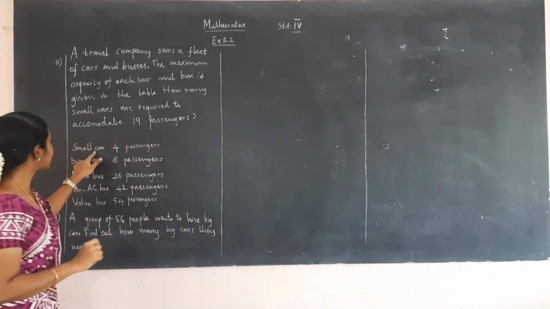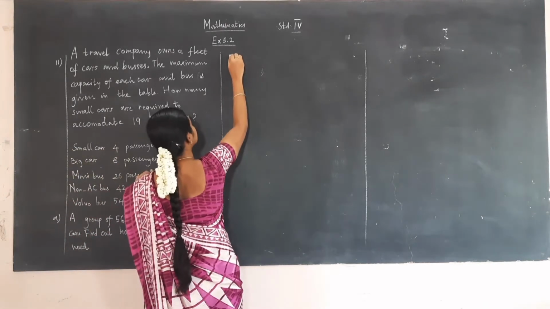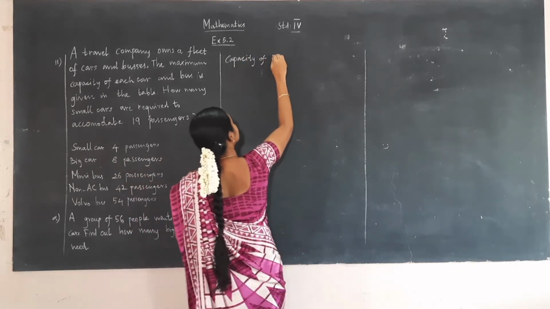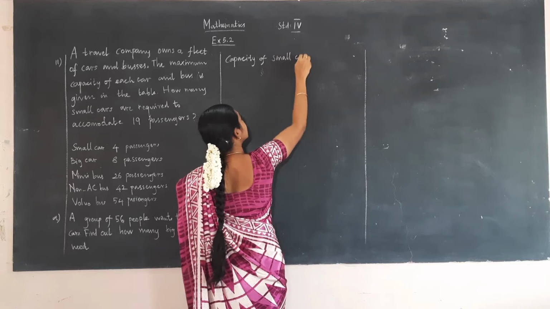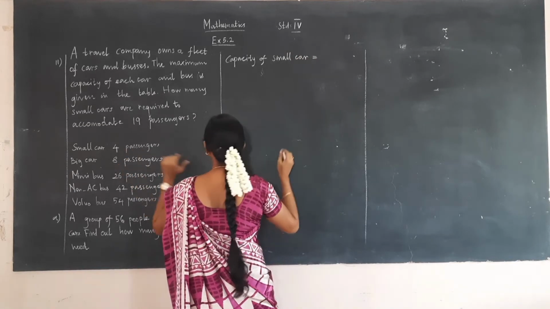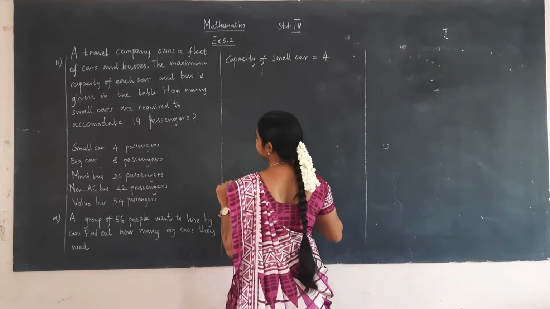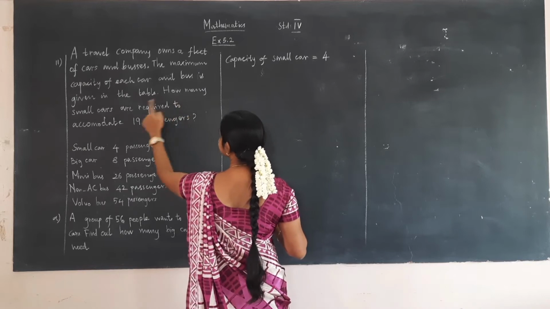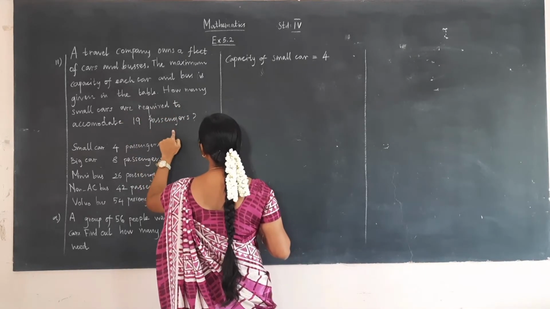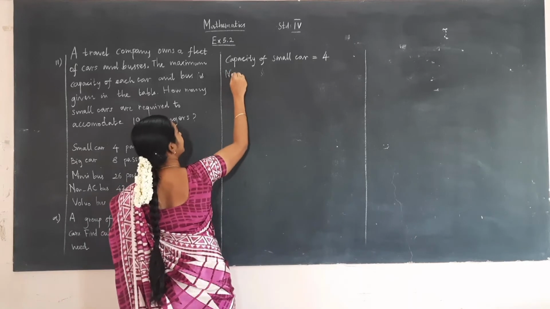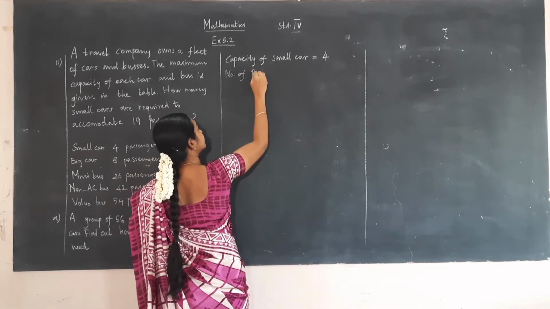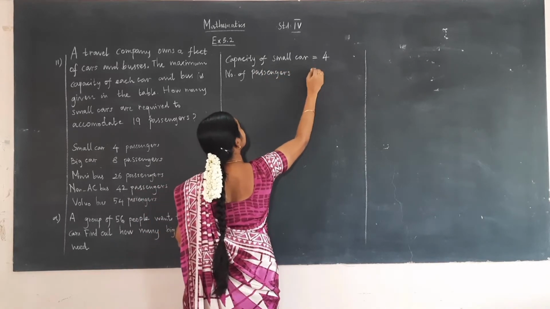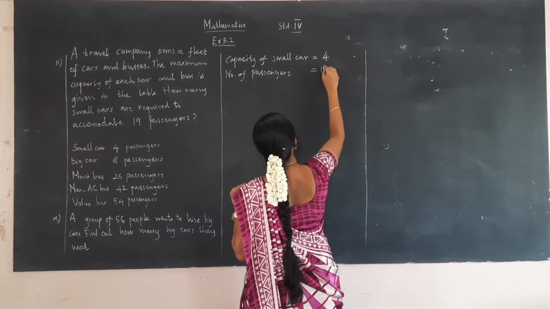First let us write the capacity of small car. Capacity of small car is 4 passengers. Now we have to find how many small cars are required to accommodate 19 passengers. Number of passengers is given as 19.